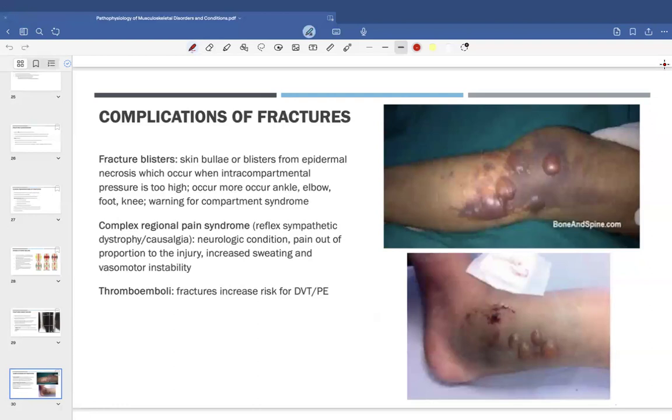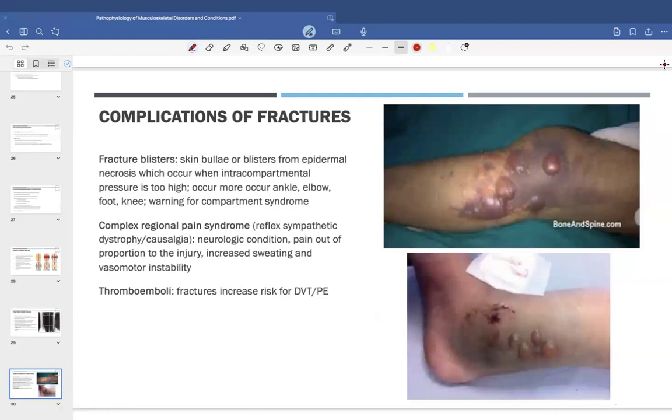And they can also have associated with it what we call vasomotor instability, so they can have blanching effects, they can go completely white, and it affects their vasculature as well, which is controlled by the nerves. And they can have increased sweating. So it's not a fun thing to have happen.